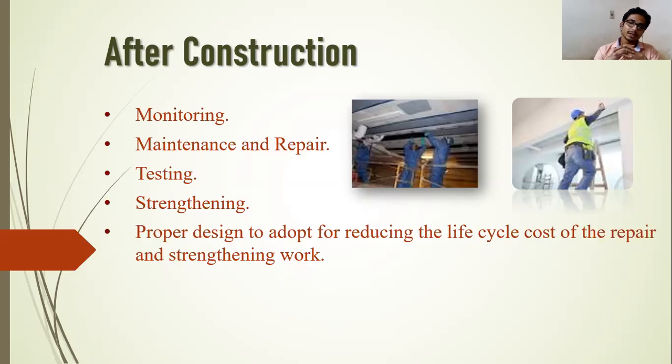These are techniques where we use fiber or composite filaments for strengthening structures, either for compressive behavior or flexural behavior. On the right side of the picture, you can see a person doing painting work; the patching work is already over. He's giving a cover to protect the patching work of a beam.